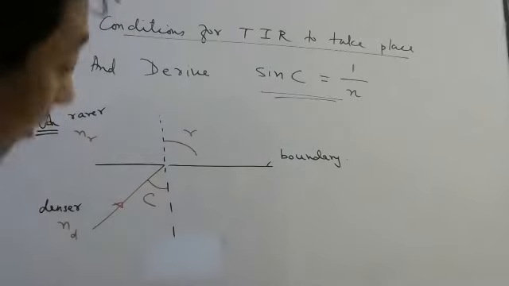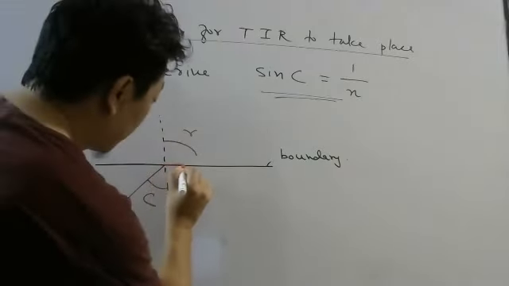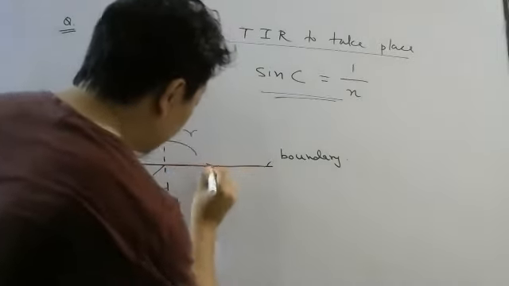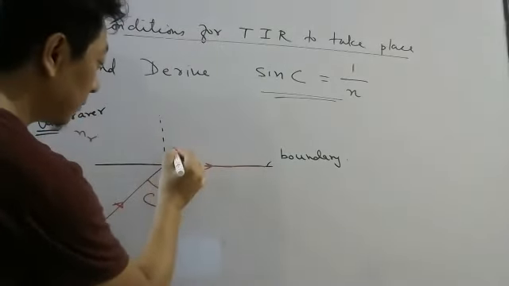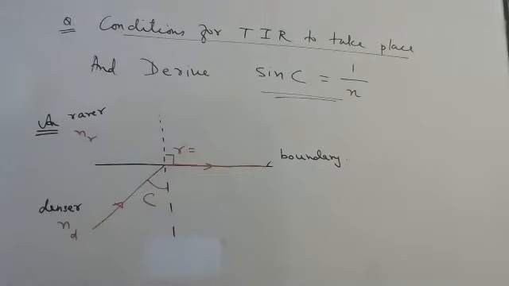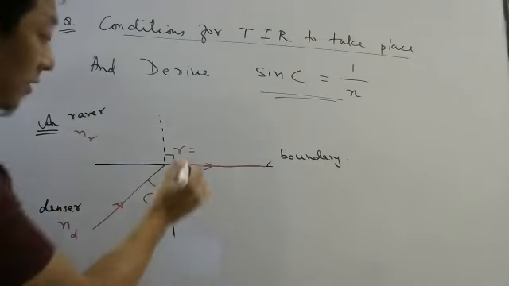Your light will go parallel to the surface. And that time your R will be how much? Nisarga, how much will be R? Yeah, 90 degrees.